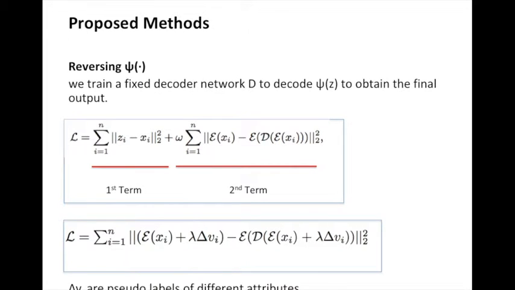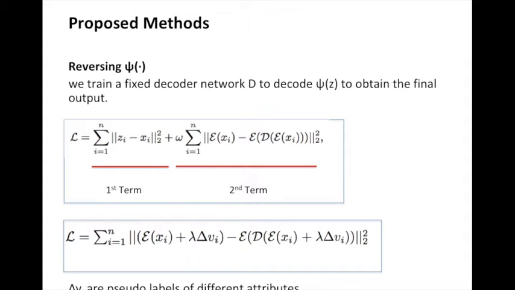Now we try to train a fixed decoder network D to decode C to obtain the final output. The decoder D has a reverse architecture of the encoder E, except for concatenating the manipulated features to the corresponding layers.